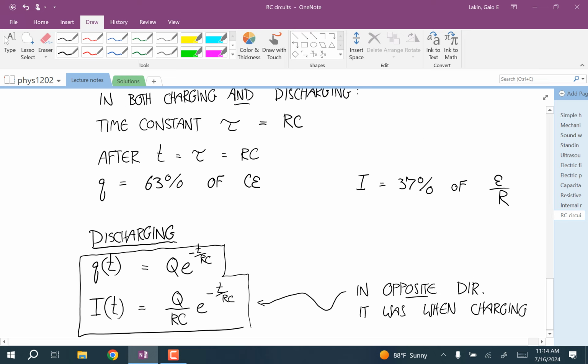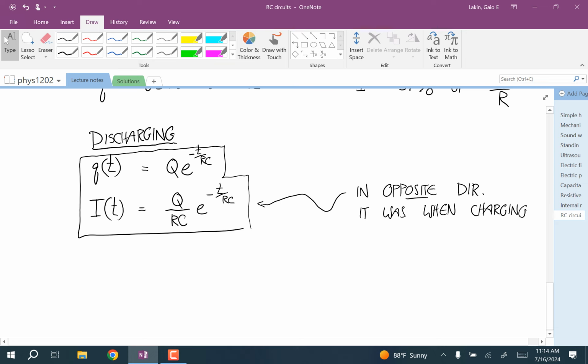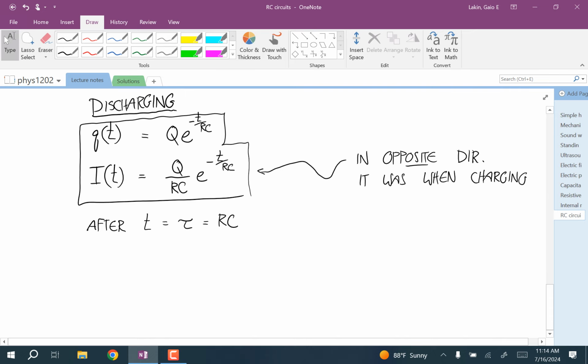And what is it about the time constant here? So after an amount of time RC, this Q value is 37% of its starting value.